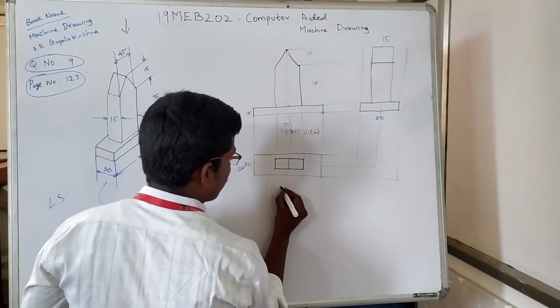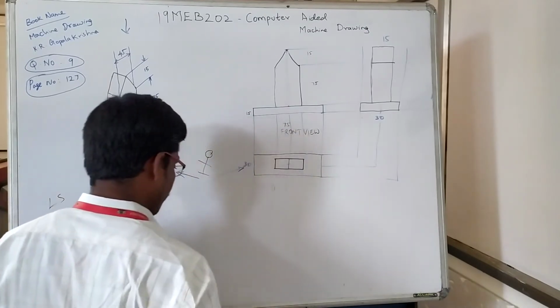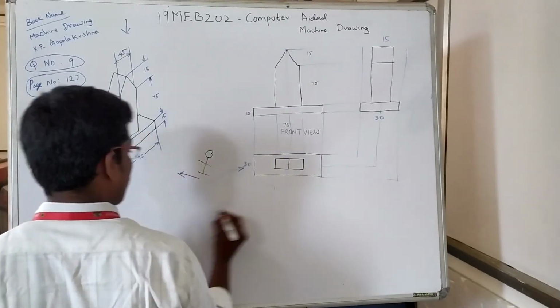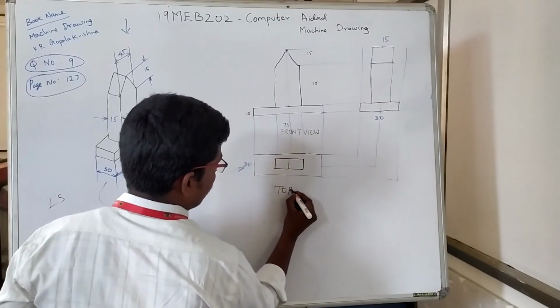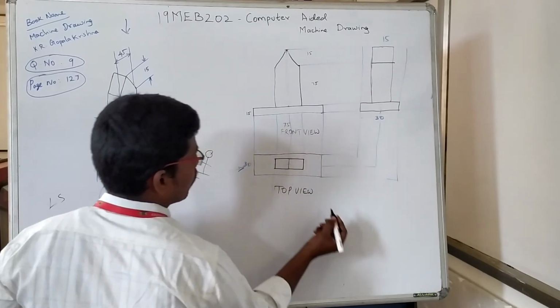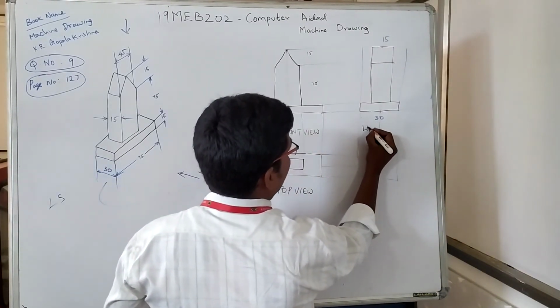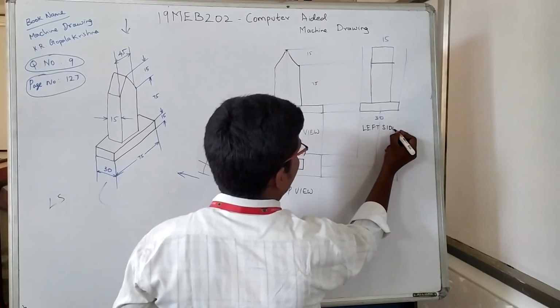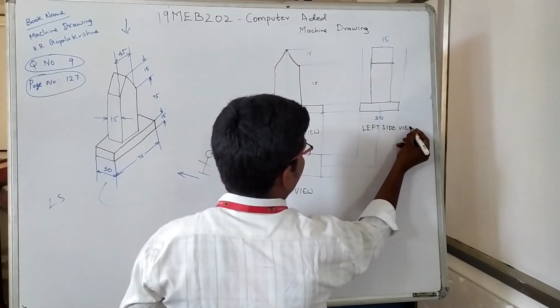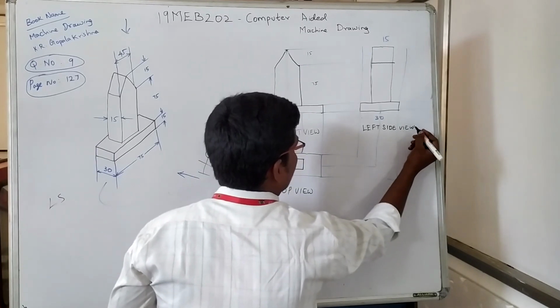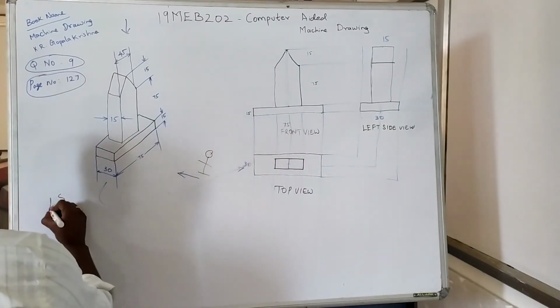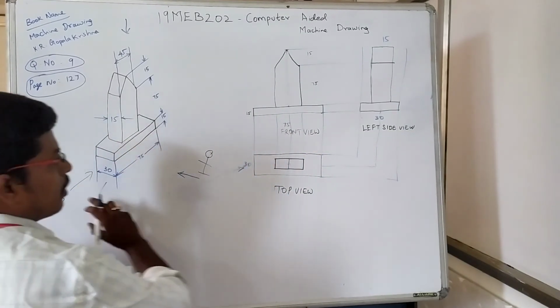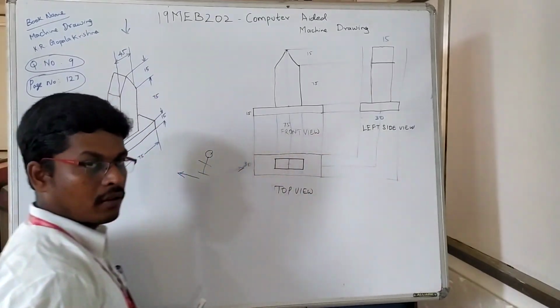This is top view. This is left side view. Okay, which is mentioned in the question. I can see the left side and I can draw it on the right side.